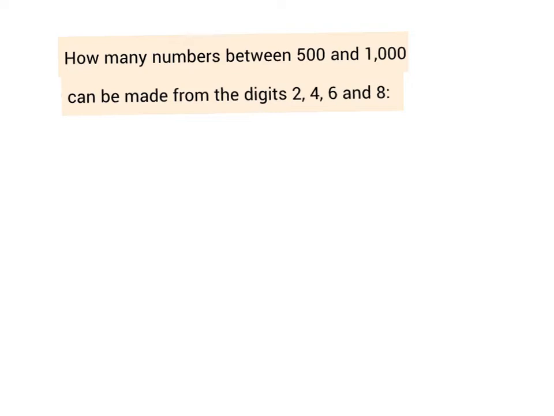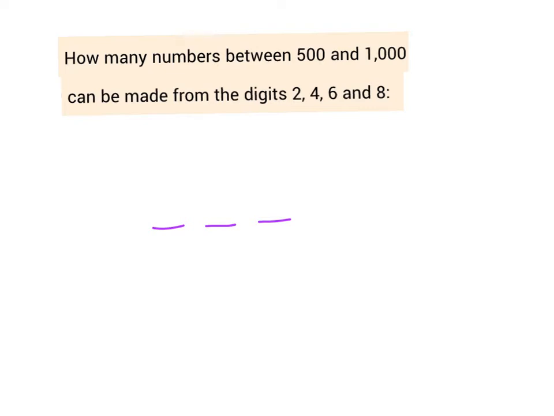Okay, so we'll just do a quick example here. The question says, how many numbers between 500 and 1000 can be made from the digits 2, 4, 6 and 8? Well, the first thing we know is that if it's between 500 and 1000, it has to be a 3-digit number, because we can only go up as far as 999.